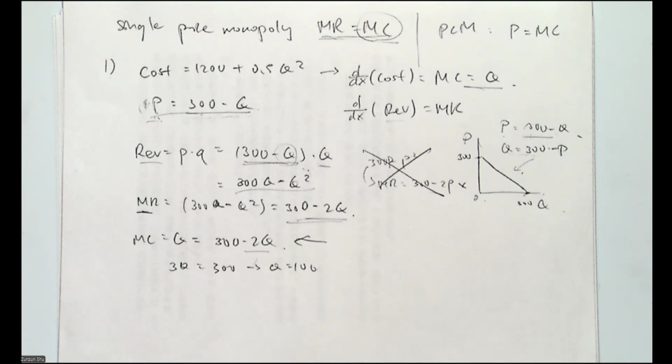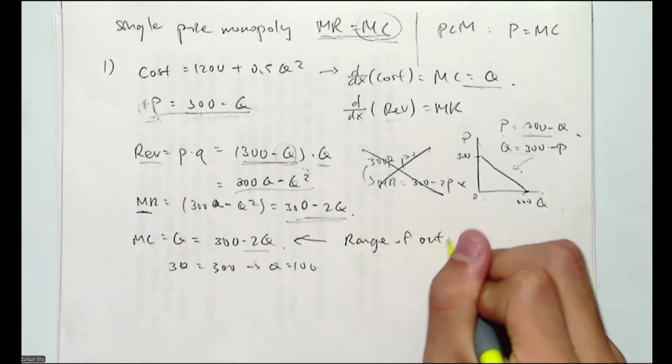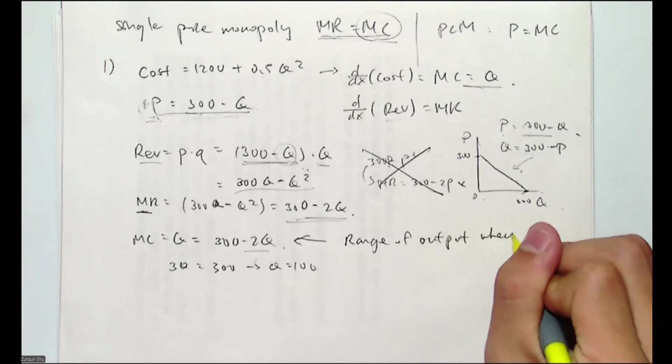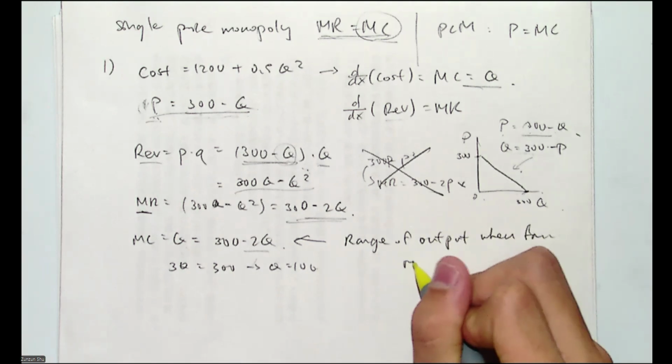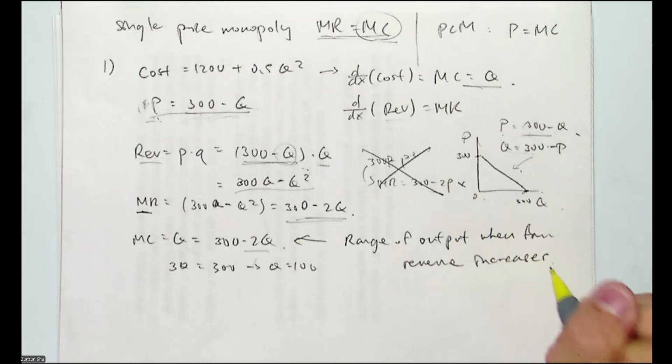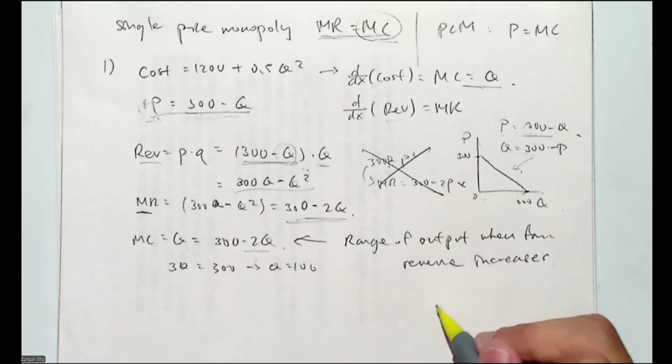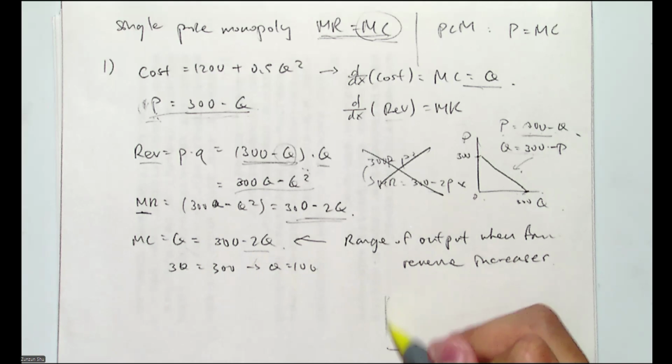Question 1 is asking for the range of output when firm revenue increases, right? So what's the range? Well, it comes down to using MR. Because what's MR?